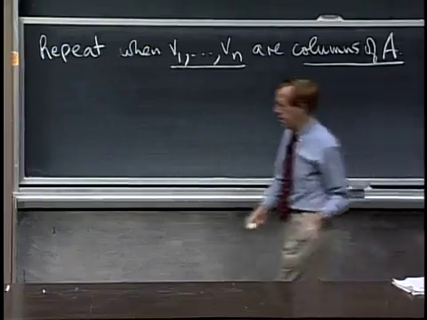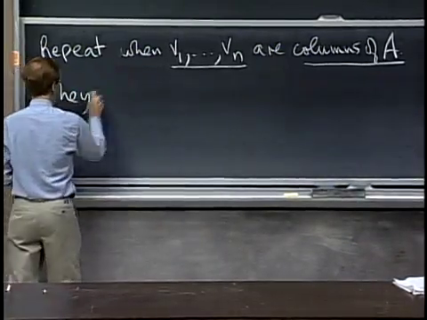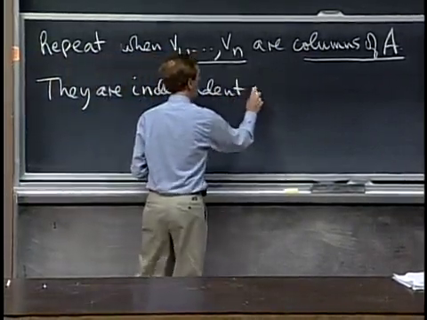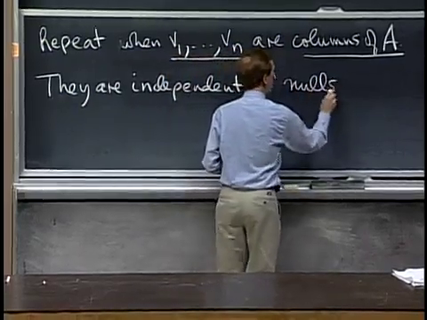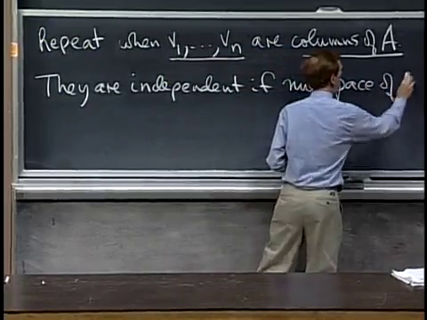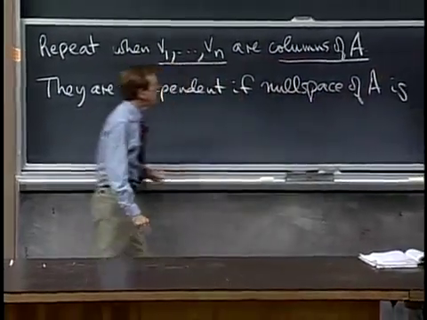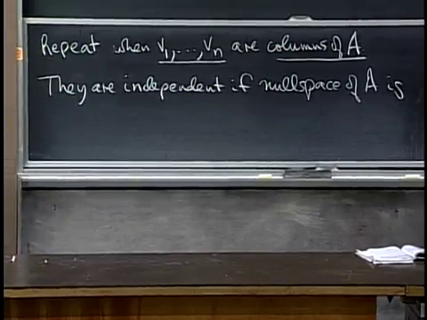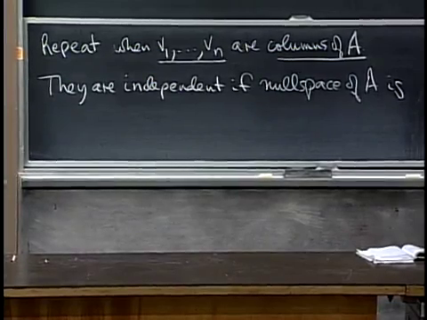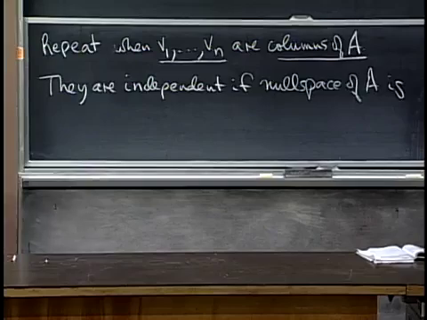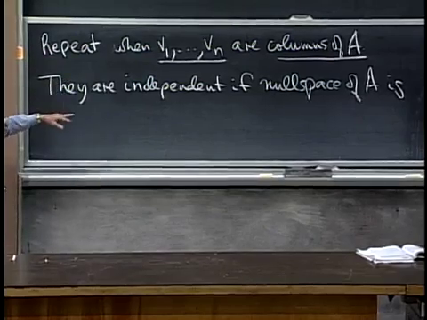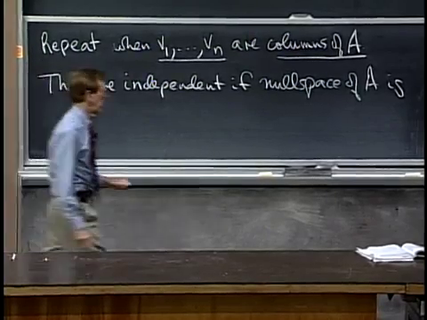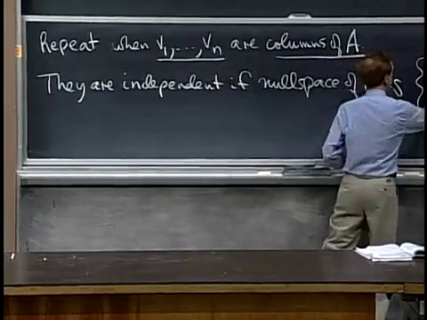Then are they independent? They are independent if the null space of A is what? If I have a bunch of columns in a matrix, I'm looking at their combinations, but that's just A times the vector of c's. And these columns will be independent if the null space of A is only the 0 vector.